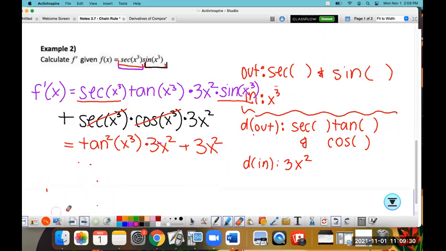Is everyone okay with that? Probably not right. Around what? Tan squared, 3x squared. You don't necessarily need it because it's not like I'm distributing it to anything. Or I could just write that 3x squared first and make it a non-issue. But how did it go?